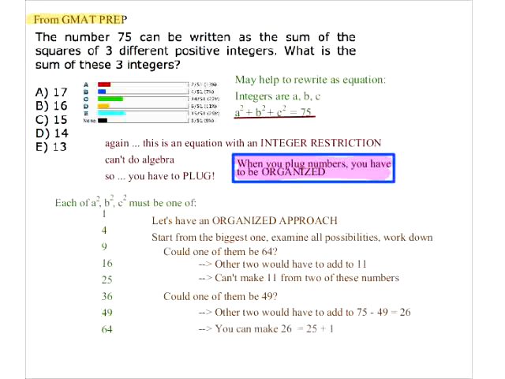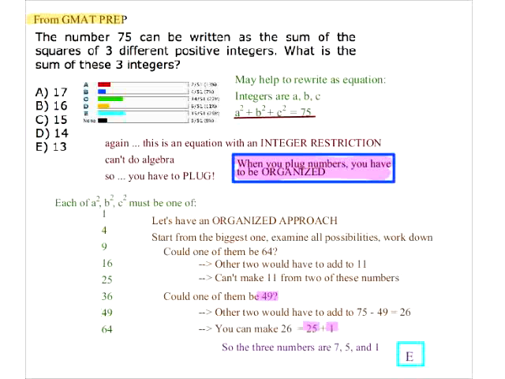So there's your three squares, 49, 25, and 1. So your three numbers have to be 7, 5, and 1. So there you go. Notice that you've got three different numbers here, so if you use any sort of organized approach, the chance that you're going to find this is pretty high.